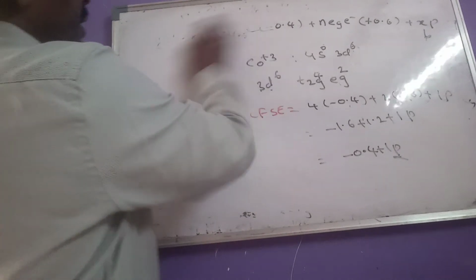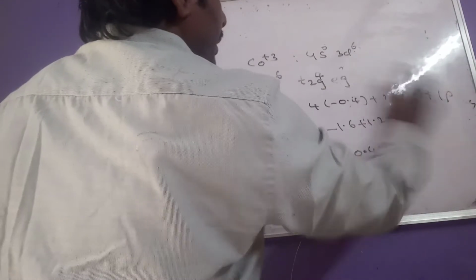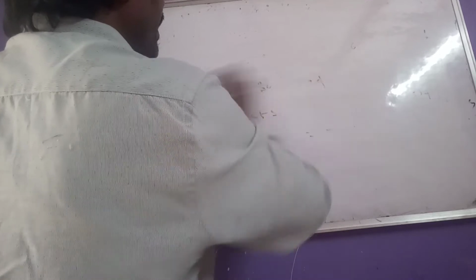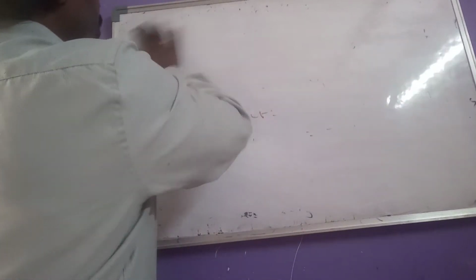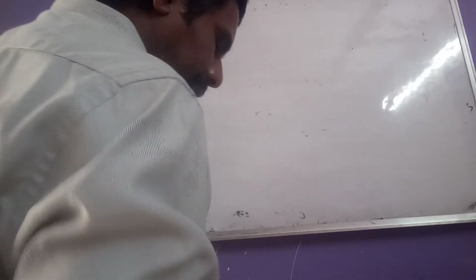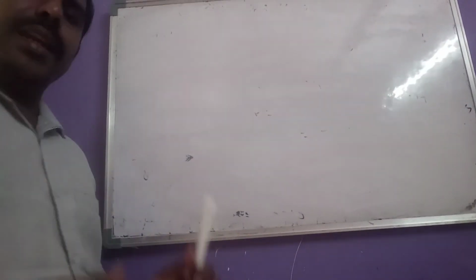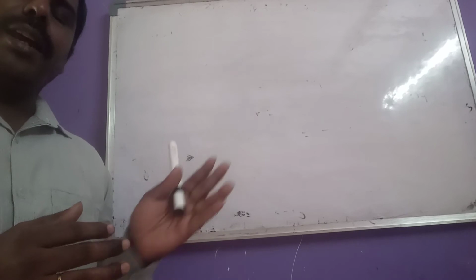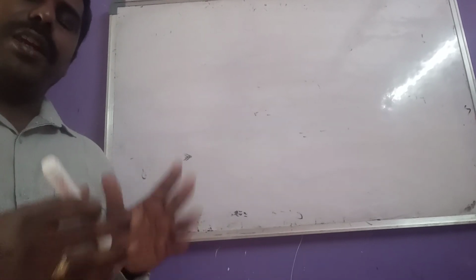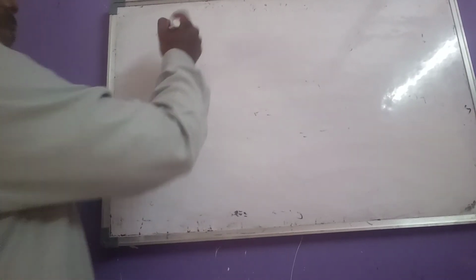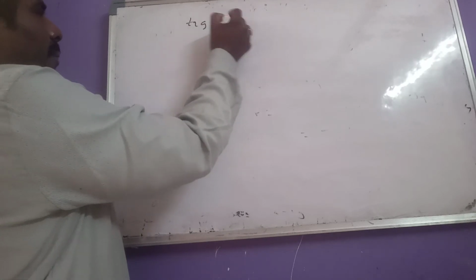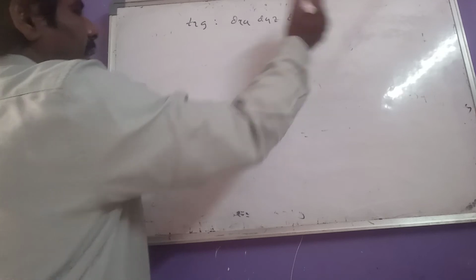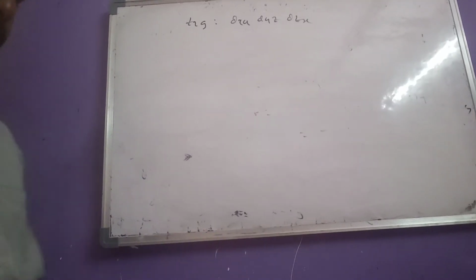Okay, now we have to see the splitting of d orbitals in tetrahedral complexes. In a tetrahedral geometry, we know that the ligands approach the central metal ion in between the axes. So the t2g set of orbitals, dxy, dyz, dzx, will feel more repulsion.